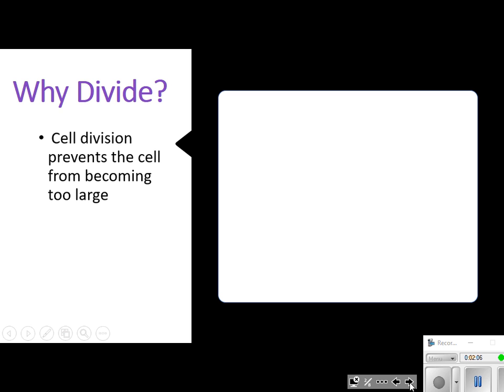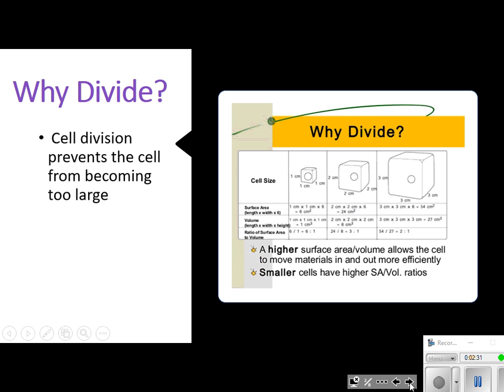Remember when we did the diffusion of materials into the cell? That they couldn't get to the center of the cell if it were bigger. So those smaller cells help to get the materials into the cell, as well as, I guess you could say, get it out of the cell too. And this is what we're looking at here.